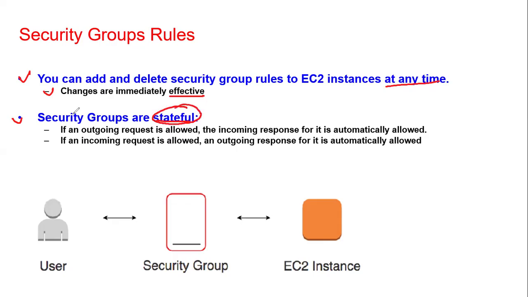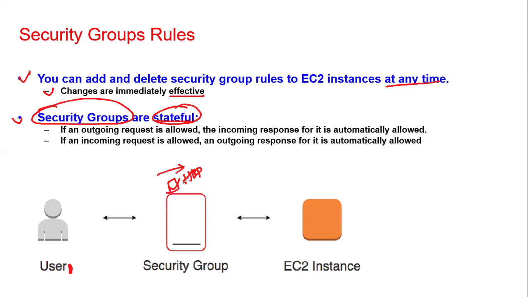Let us try to understand. This security group is stateful. Stateful means, let us say we have this user one and we have allowed the HTTP traffic for the inbound rule.